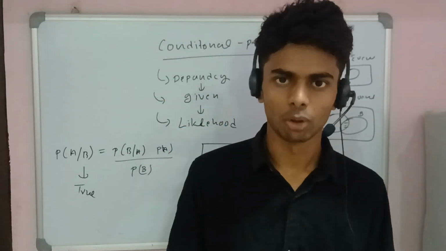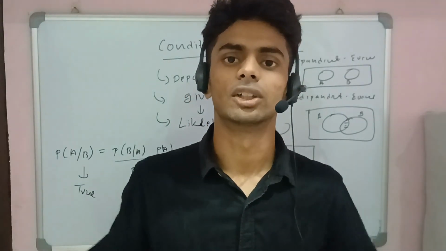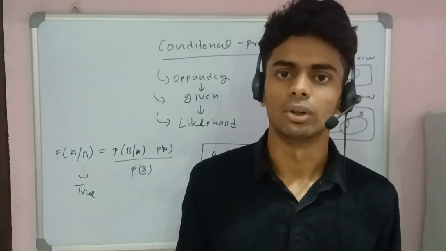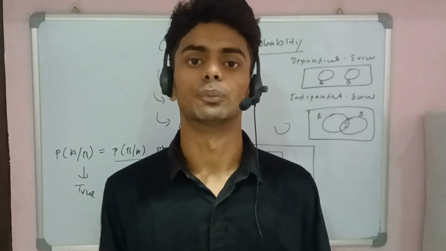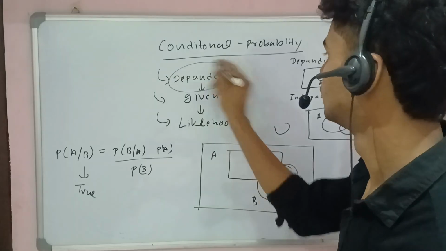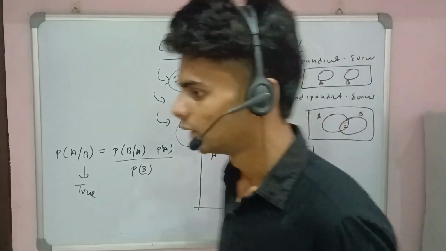When we're talking about conditional probability, I'm not going to give you a hundred words of context to explain the definition. I'll just give you three important words which define the entire concept of conditional probability. The first one is dependency, the second one is given, and the third is likelihood.